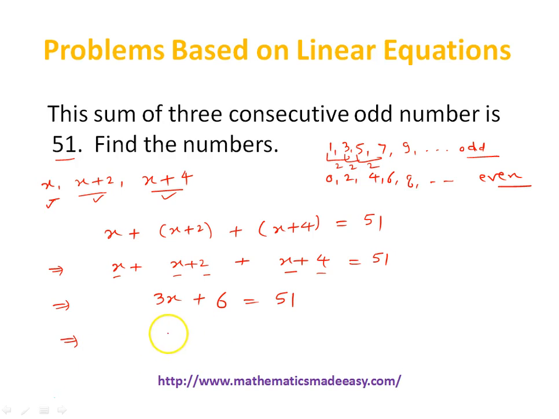Now we'll simplify it more. 3x plus 6 equal to 51. 6 is on the left hand side with the plus sign, so if it goes to the right hand side, its sign will change and it will become minus 6, right? So 3x is equal to 51 minus 6, which would be how much? 45.